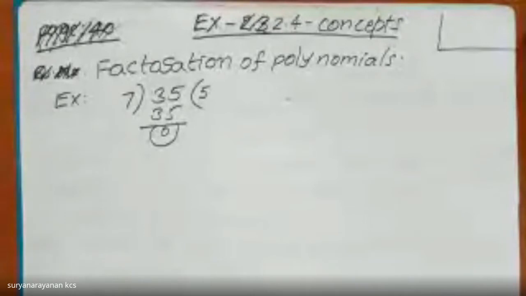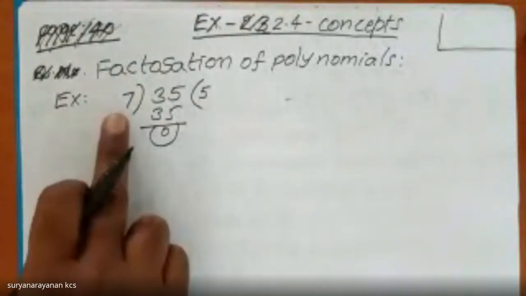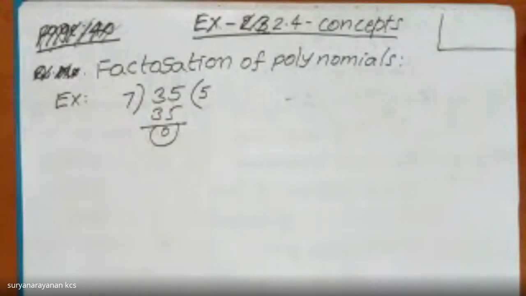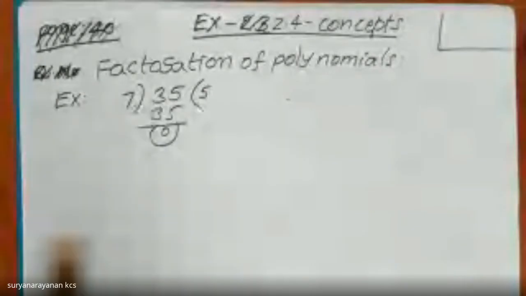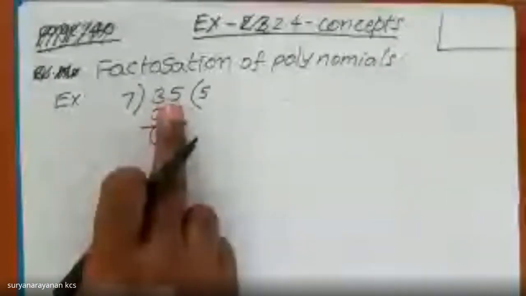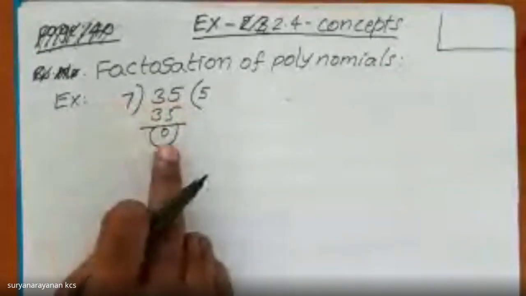Yes, very good. Here, can we say that 7 is a factor of 35 or not? Yes, sir. Because after dividing the number 35 by 7, we got 0.